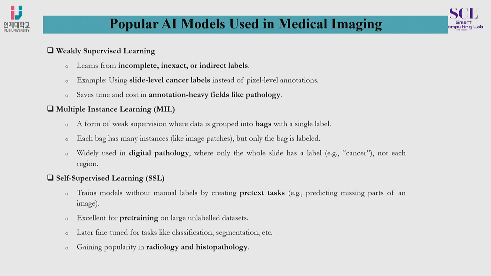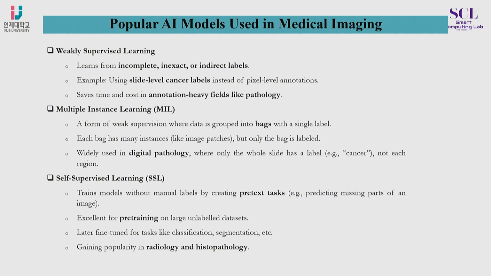inaccurate labels. For example, if I talk about digital pathology, we have a slide. For example, this is a slide, whole slide images. What actually we are doing, for example, we are applying weakly supervised learning technique for whole slide image classification or detection of tumor in whole slide imaging.